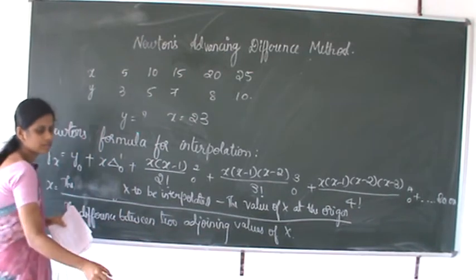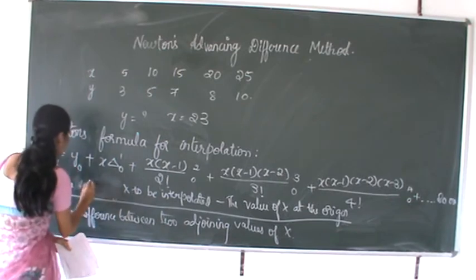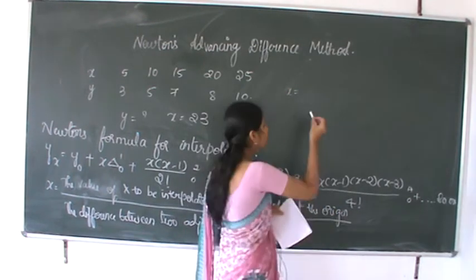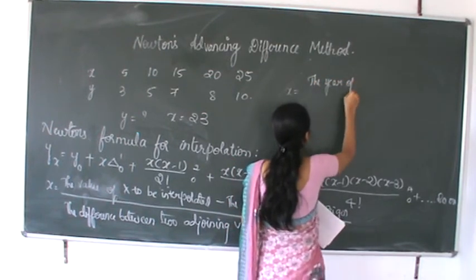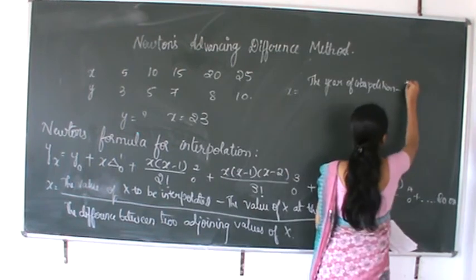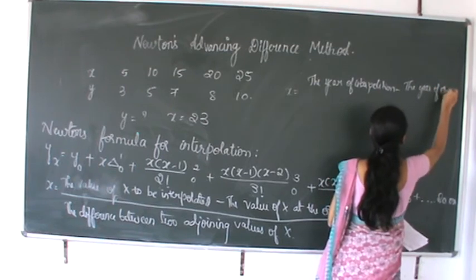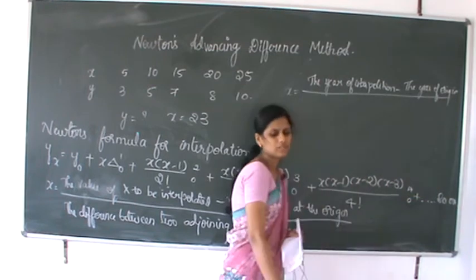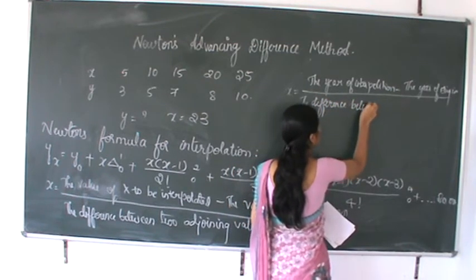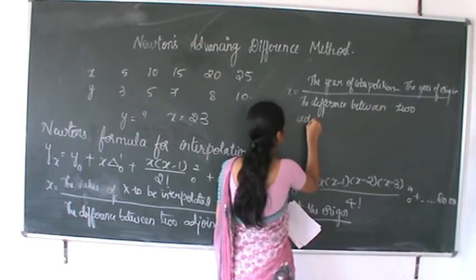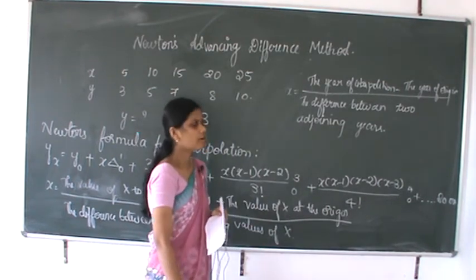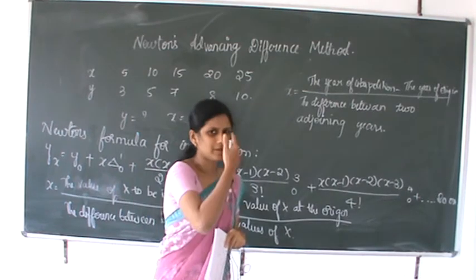So, x is equal to the year of interpolation minus the year of origin, divided by the difference between two adjoining years. So when time series data is given, x is equal to the year of interpolation minus the year of origin divided by the difference between two adjoining years.